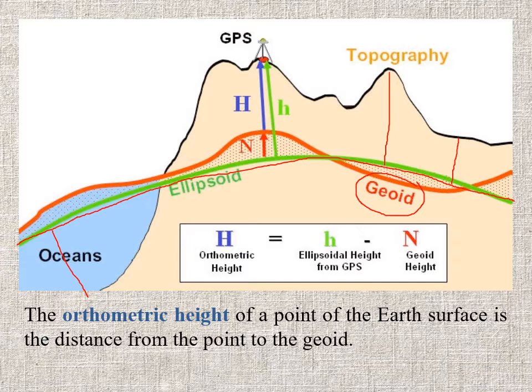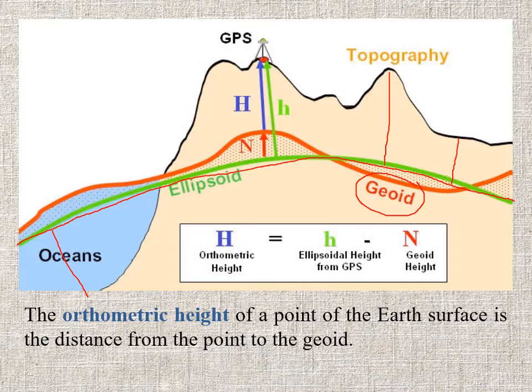Now, what is potential function? Potential function basically describes the combined effects of the gravitational attraction of the earth and the centrifugal force which acts away from the earth's rotational axis.